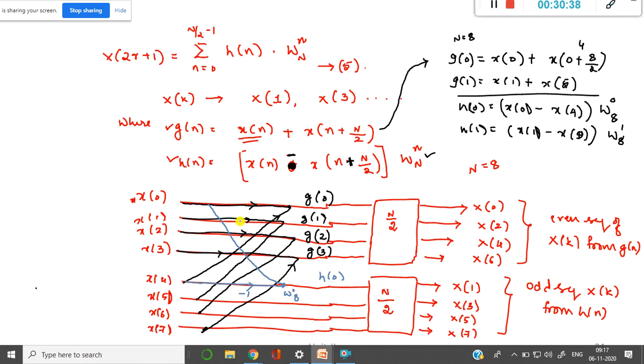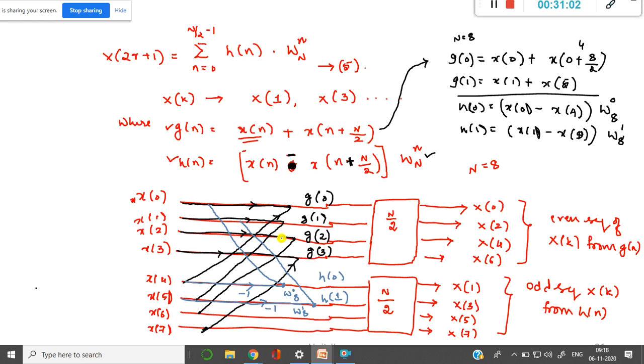And further, x of 1 is subtracted from x of 5, and then multiply the sequence with W8 to the power of 1, so that you are going to get h of 1.